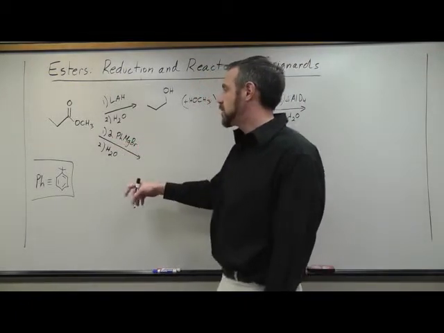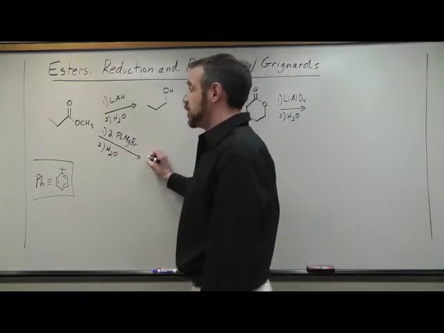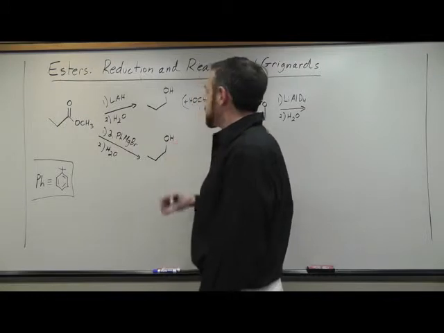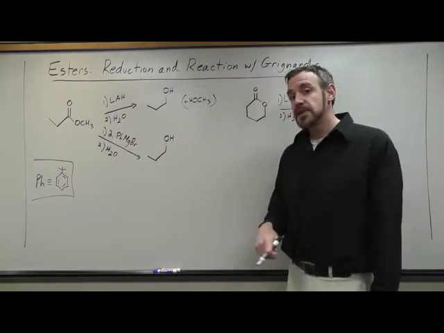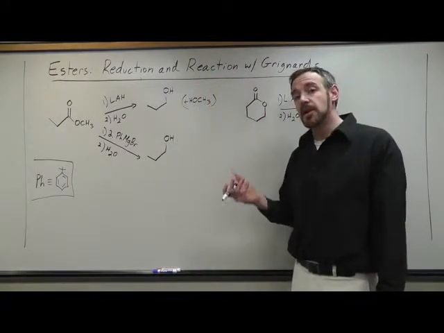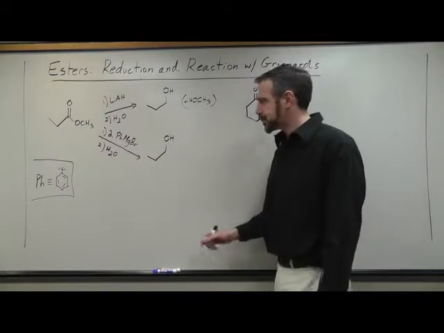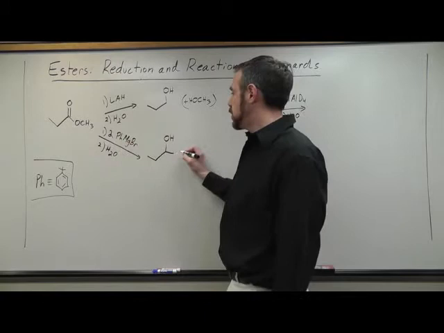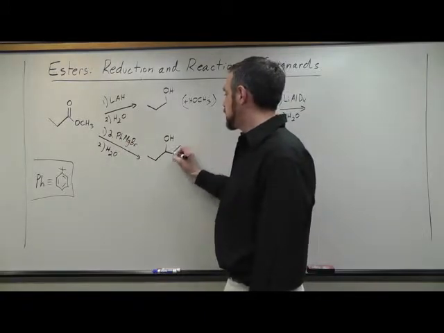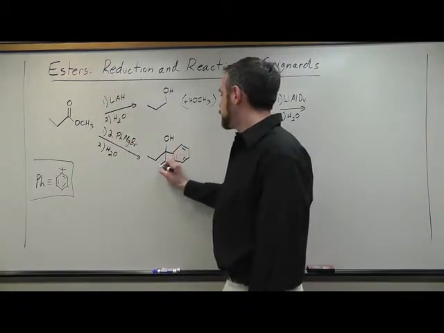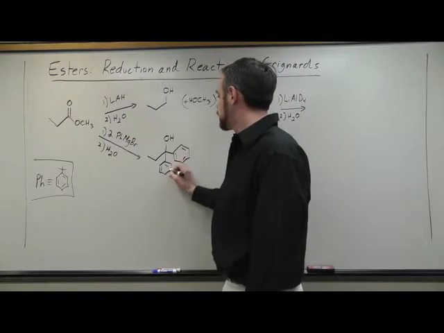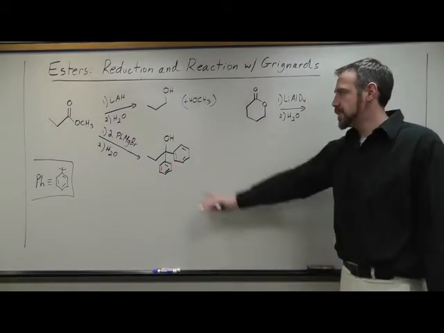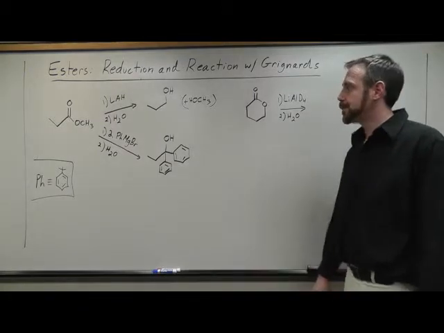In the Grignard reaction, similar to the hydride, the carbonyl oxygen is transformed into an alcohol eventually, but instead of adding hydrogens to this carbon, we've added carbon groups, in this case phenyl rings, bonded to that carbon. And so in this case we get a tertiary alcohol.